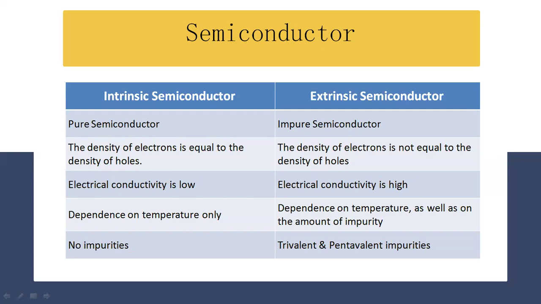Electrical conductivity is low in an intrinsic semiconductor, whereas it is high in an extrinsic semiconductor. An intrinsic semiconductor depends on temperature, whereas an extrinsic semiconductor depends on temperature as well as the amount of impurities added. In intrinsic, there are no impurities, whereas in extrinsic, depending on the amount of impurities, we have trivalent or pentavalent impurities.